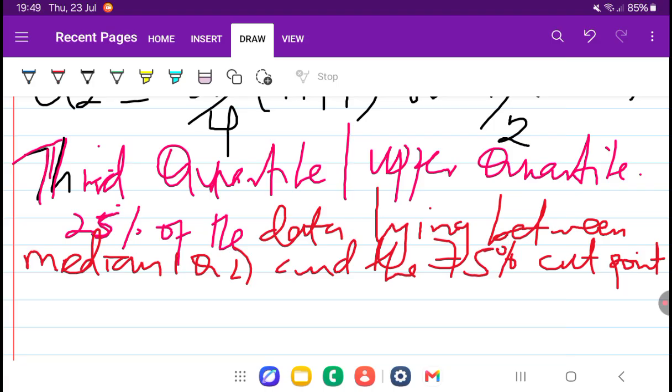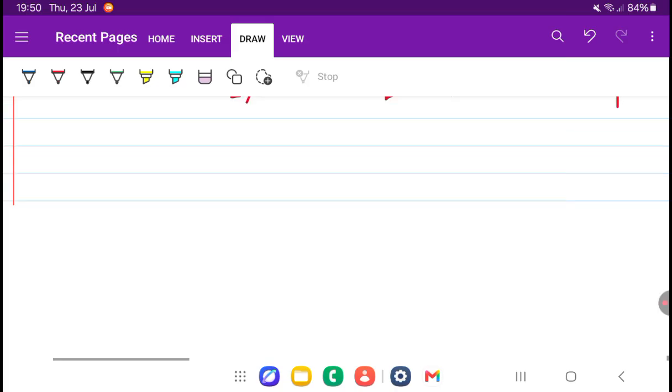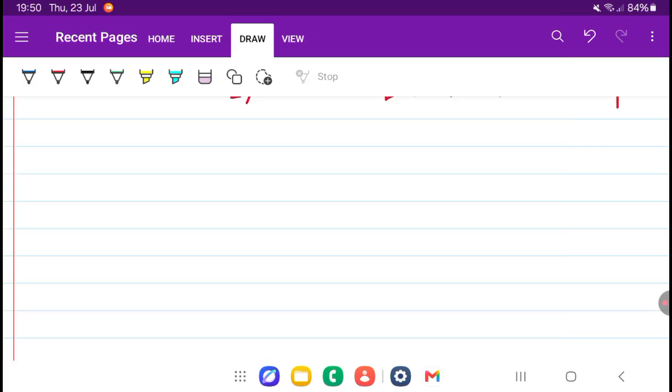That is the implication, that the Q1 is actually the median of the first half of the data set when the data has been arranged in an ascending order. Then the Q3 is the median of the second half of the ordered observations.